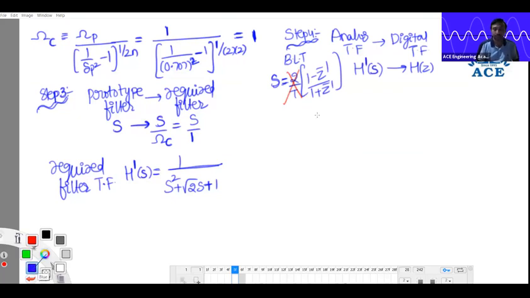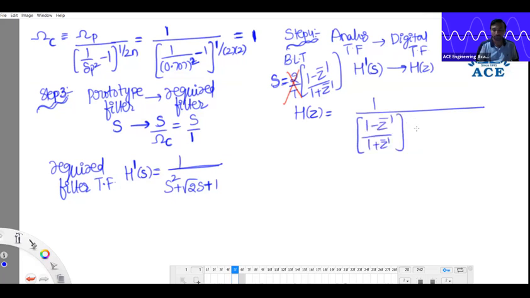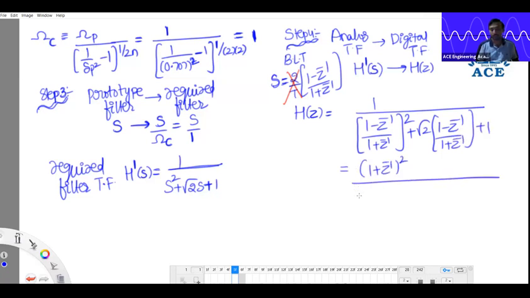So what is the digital transfer function now, sir? In this expression, wherever s is there, what are we writing? Just do simplification. Some result will be obtained.